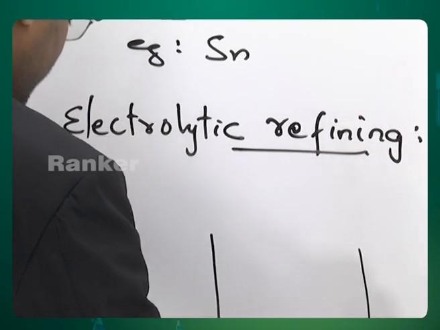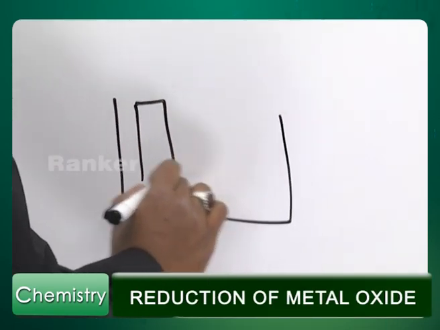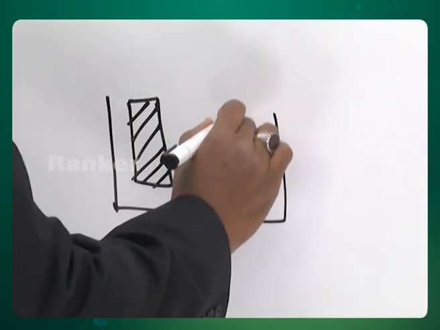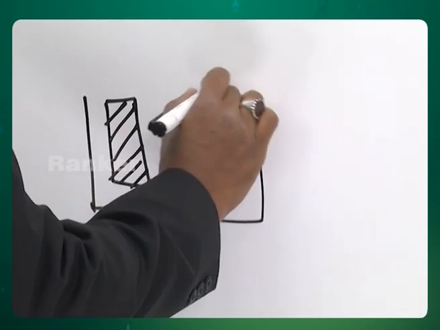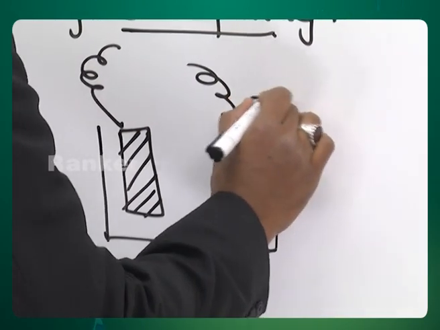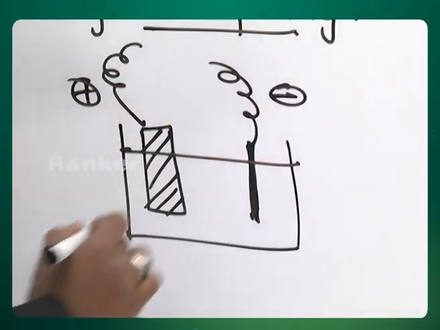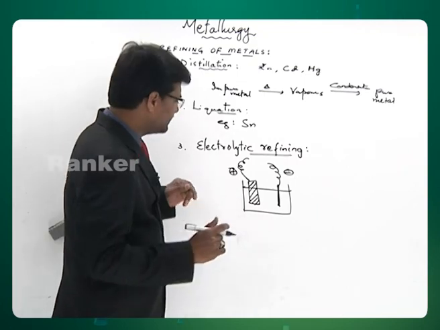Look at this method. An impure block of metal is used as anode and a pure strip of pure metal acts as cathode. This is the electrolyte. I'll try to explain with the help of copper.